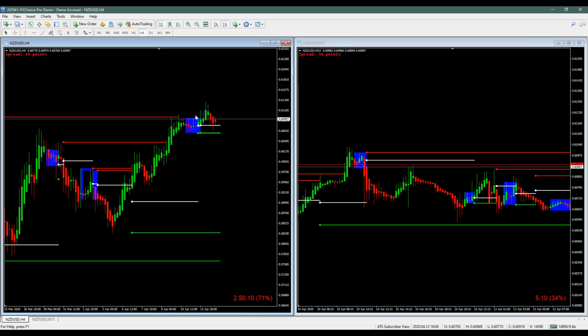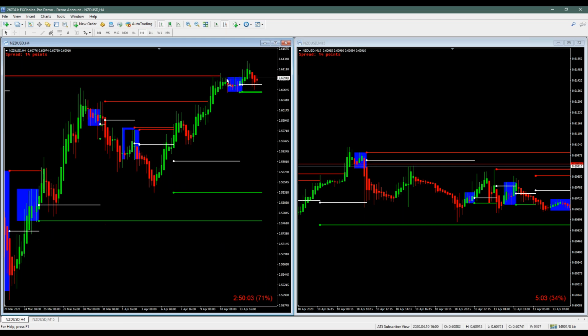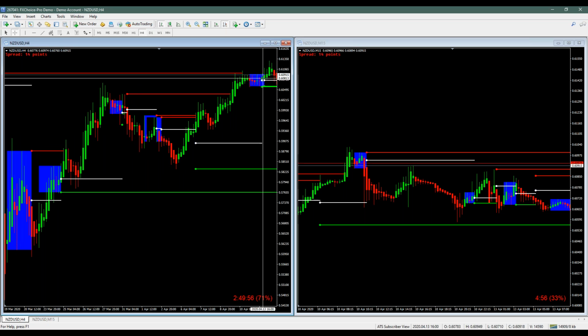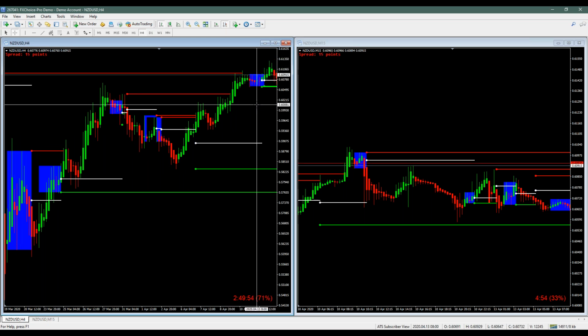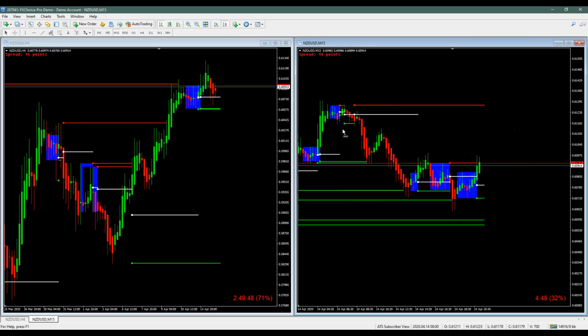If you're watching the 4 hour into the 15, how would you be handling this right now? This goes back to what I was talking about with breakouts: if it breaks out, it's usually because you don't have the full piece of the story. It broke out, but we can see we're starting to come back down and test this expansion line.